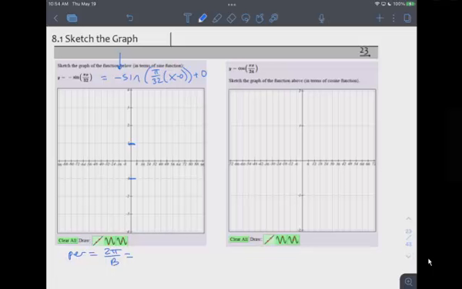And so all you need to do right here is, if you have no shift, you know that your first critical point, which for a sine function is what? The midline, maximum, or minimum. So for a negative sine, it's going to be midline. So your first critical point is going to be the midline. There's no horizontal shift. And then the last point is going to be whatever the period is. So if we took 2 pi divided by our b value, pi over 32, which is the same as multiplying by the reciprocal, 32 over pi.